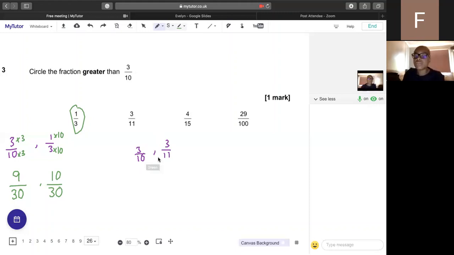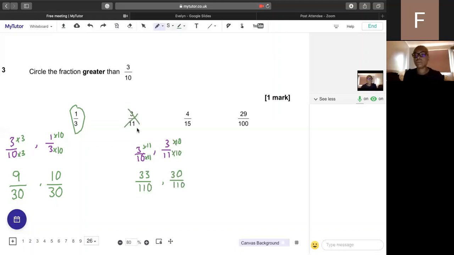So it would be 110. So I need to multiply this one by 11. So 10 times 11 would give me 110, so we've got 3 times 11, we've got 33 over 110. And then here we need to multiply by 10. So here we've got 30 over 110. So we can see 30 is less than 33. So this one definitely wouldn't be the answer.